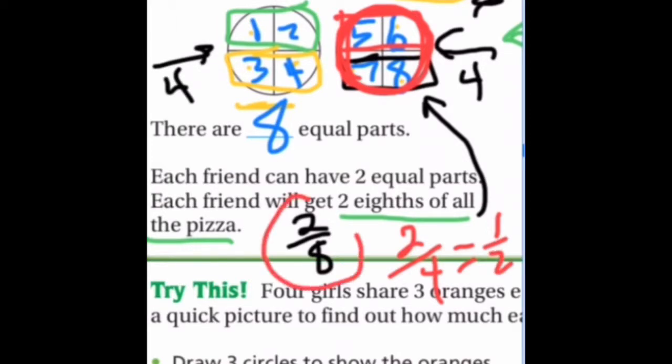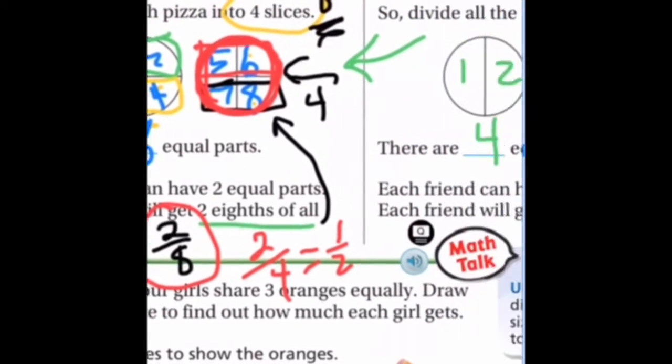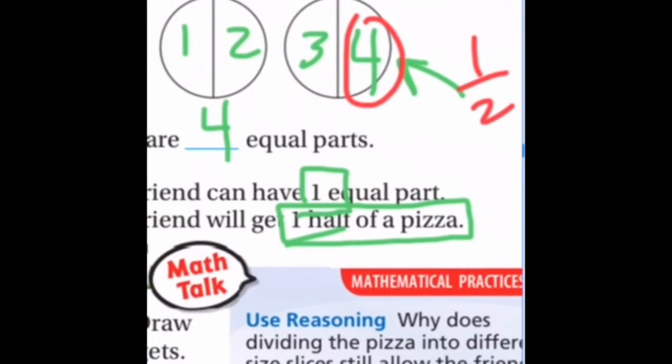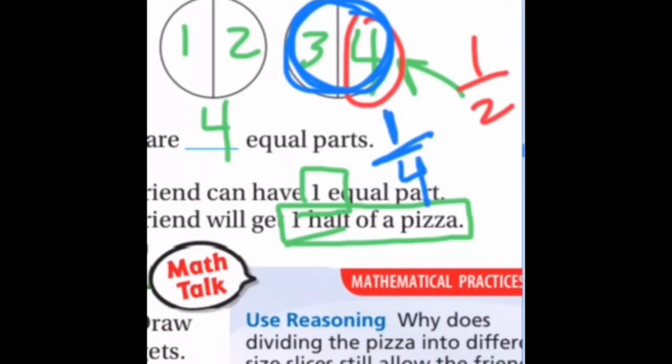But 2/8 out of all the pizza. If we go over here, again looking at the one in red that I circled, okay, that person got 1/2 of that one pizza, but there are a total of 4 slices for everything, and that person got 1 of them. So we got 1/4 of the whole thing.